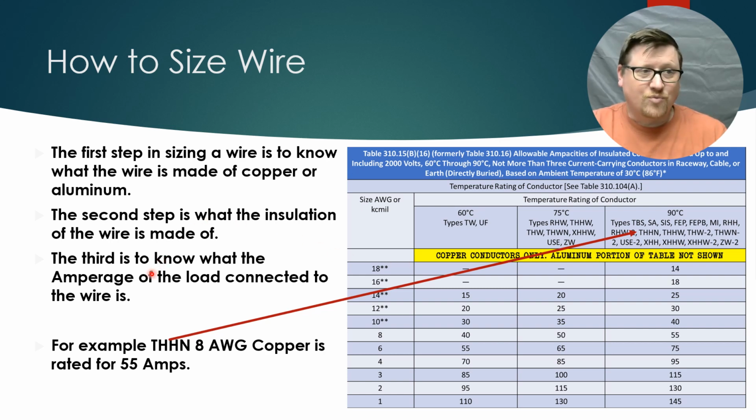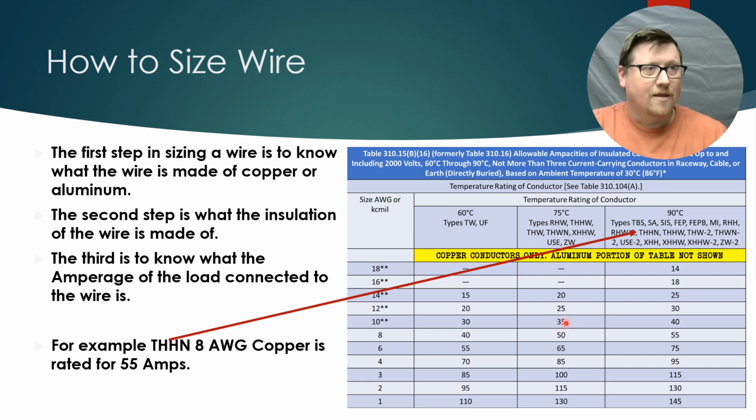The third is we need to know what is the amperage of the load that is connected to the wire. So if we've got a 35 amp load, then I'm going to need wire that can hold 35 amps.